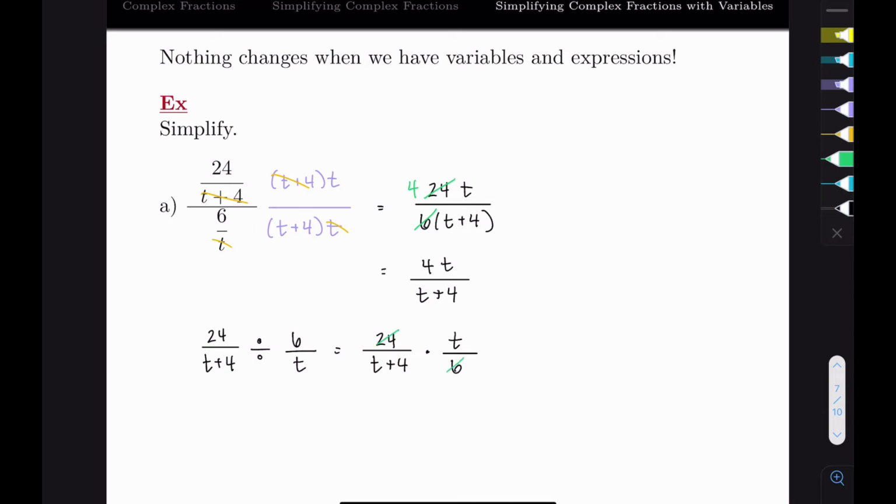And then from here, 24 over 6 simplifies to 4, and we end with the same expression of 4t over t plus 4. I think the benefit of this one is then you don't need to find what that least common denominator is, so it saves you a bit of a step. And I think this tends to get a bit messy. But again, personal preference, whichever method you want to use, they're both going to get you to the same answer.